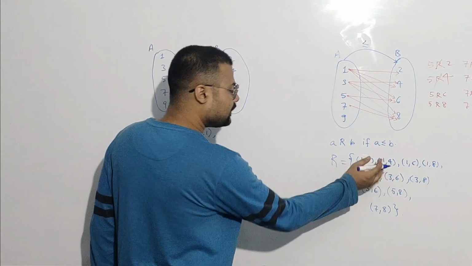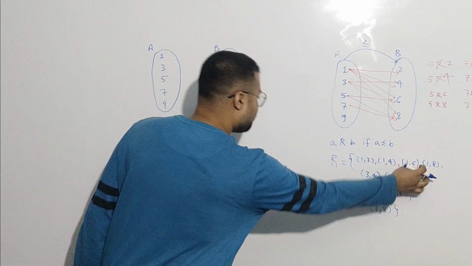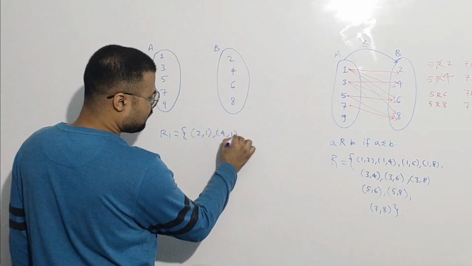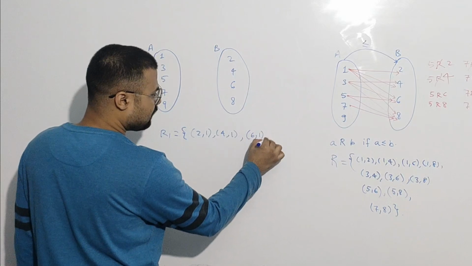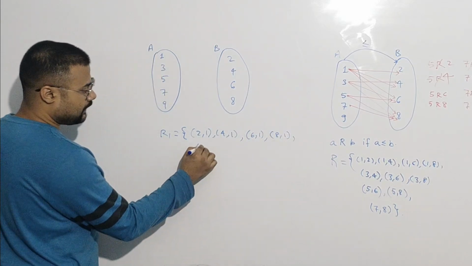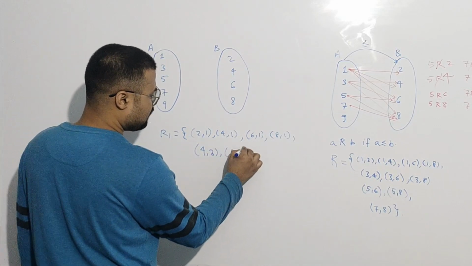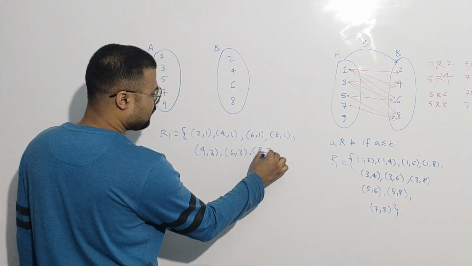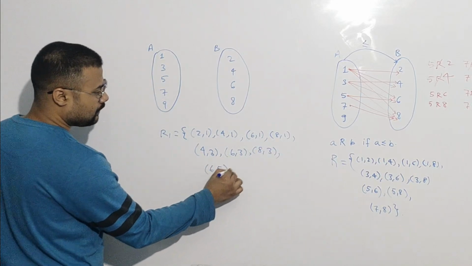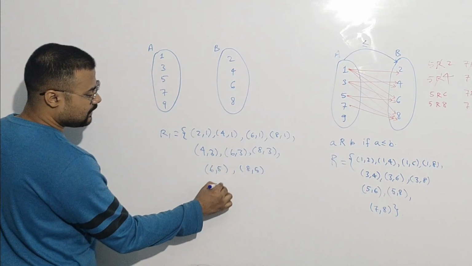I will just interchange the positions in each ordered pair of my R: 4 and 1, 6 and 1, 8 and 1, 4 and 3, 6 and 3, 8 and 3, 6 and 5, 8 and 5, and 8 and 7.